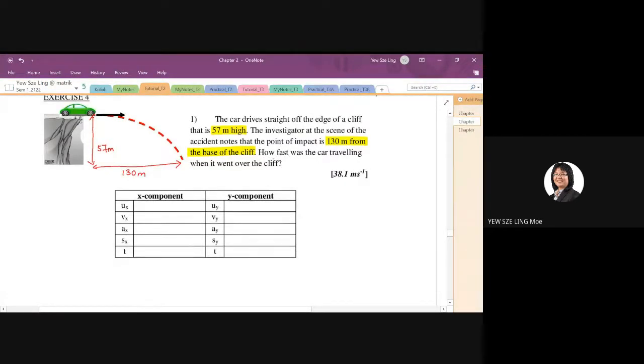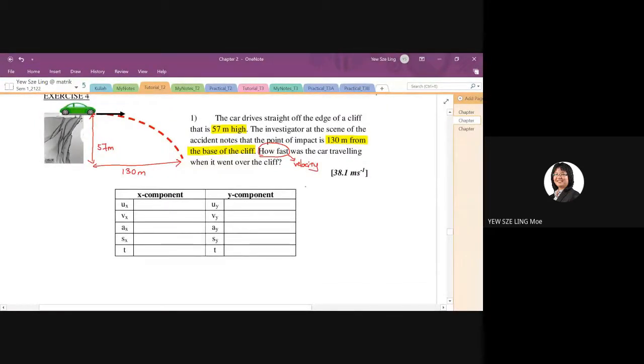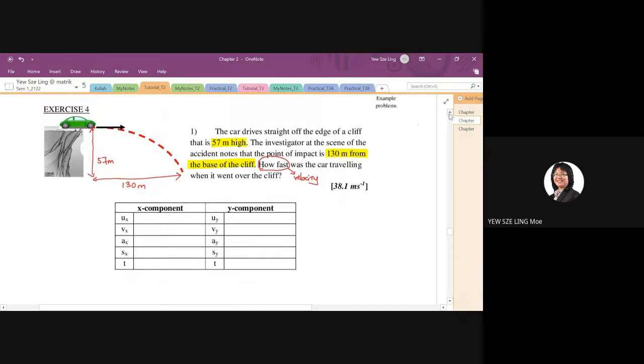How fast means it's asking for velocity, but it doesn't mention whether it wants a vertical or a horizontal velocity. If the question just mentions a speed or velocity, then it means it is asking for the resultant value. But for this case, even if you don't calculate the resultant, you might still get a correct answer.